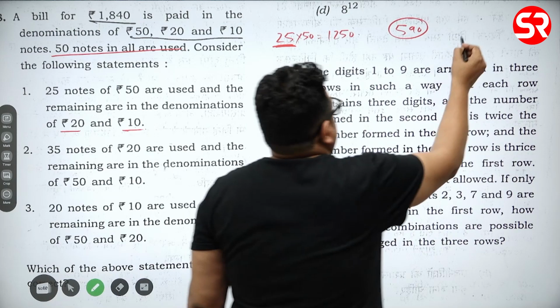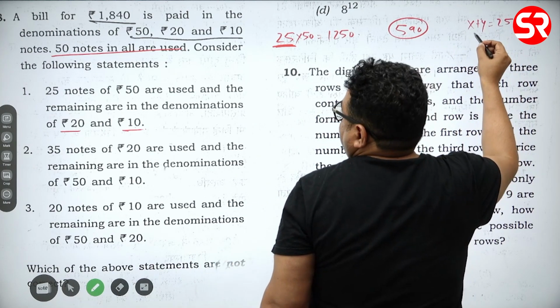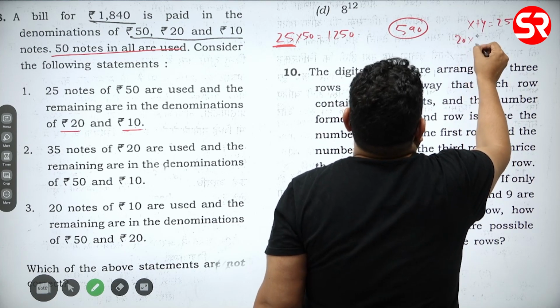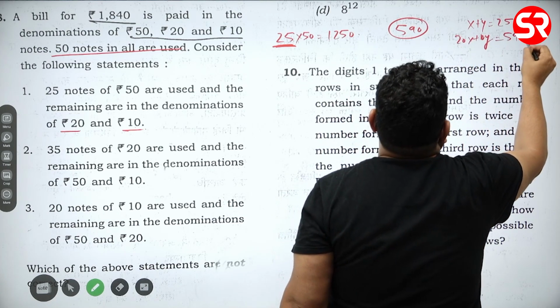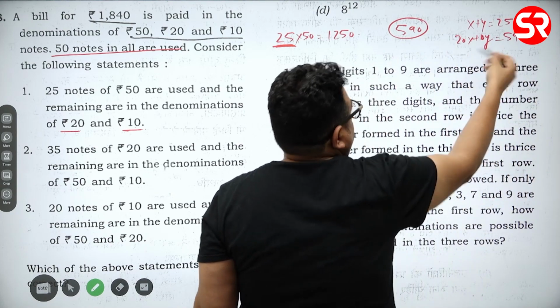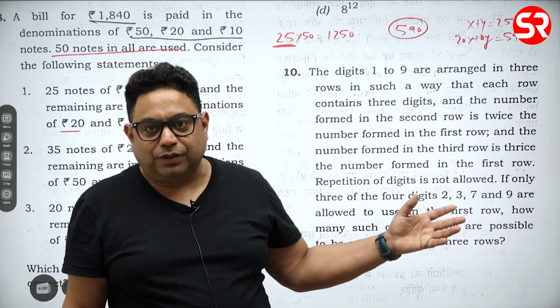So I say x plus y is 25 notes, and 20 times x plus 10 times y is equal to 590, isn't it? I have to solve these two. There are a lot of teachers who are solving it.